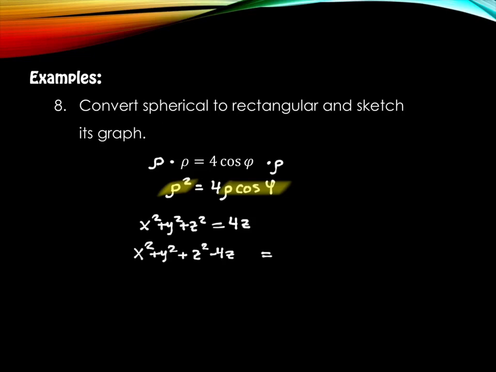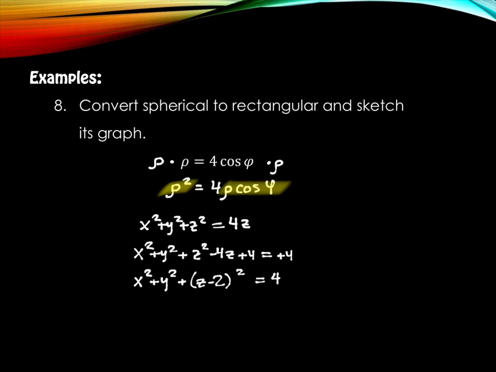And then somebody already said this. I don't know if they saw it ahead of time, but we are going to really complete the square now, not just in our mental mind think it's kind of like the same thing. We really are, plus 4. So we have x squared plus y squared plus (z minus 2) squared equals 4.